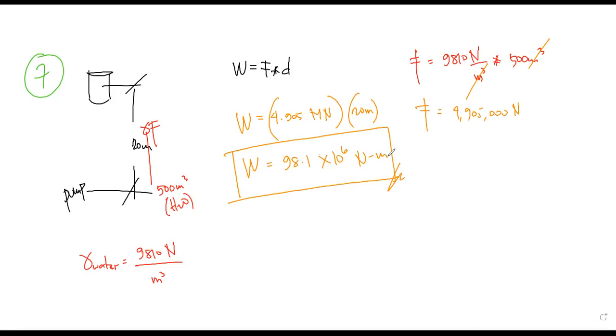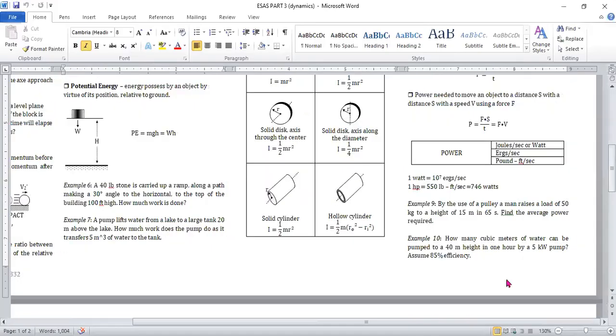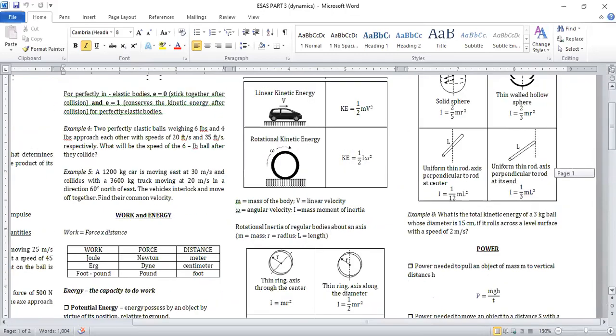We will proceed directly to the next topic. The next topic would be about kinetic energy.